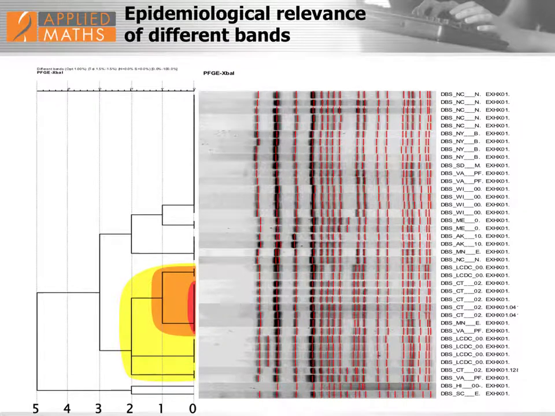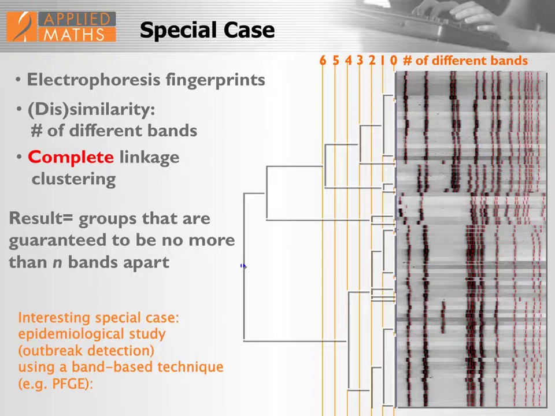The first case, if you're using electrophoresis fingerprints, so you're looking at distance or different number of bands, and complete linkage clustering. What is the result? Those are groups that are guaranteed to be no more than, for example, n bands difference apart.